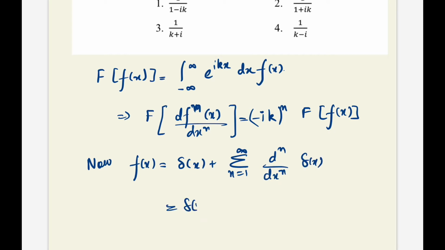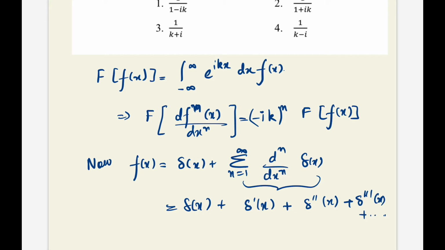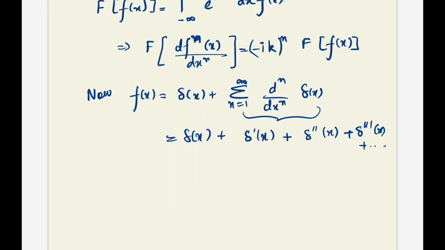Now when we write this particular part, what we get is delta prime(x), that is the first derivative with respect to x, delta double prime(x), that is the double derivative with respect to x, delta triple prime(x), plus so on. It goes till n times. Now the Fourier transform of f(x) is, we take the Fourier transform of the above.